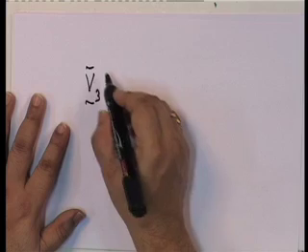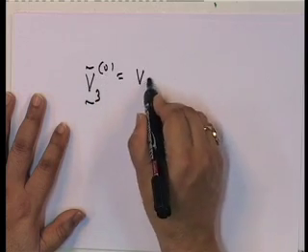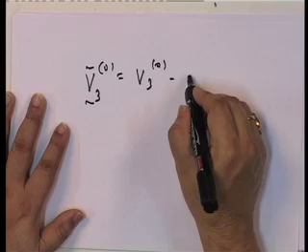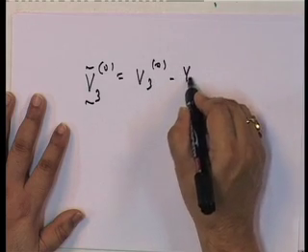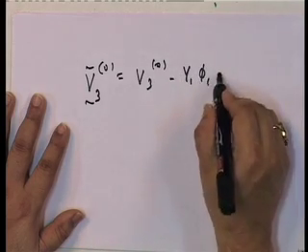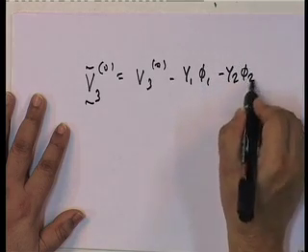This procedure you can continue using, because you can always just sweep out. Now you understand how to get higher modes? Well, if you want the third mode, it is equal to this minus y1 into phi 1 minus y2 into phi 2.